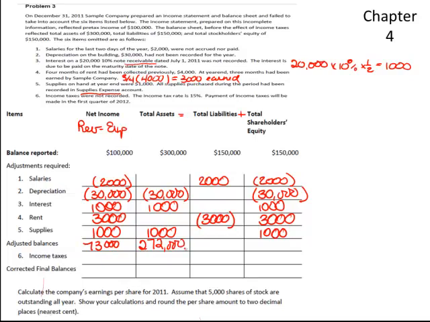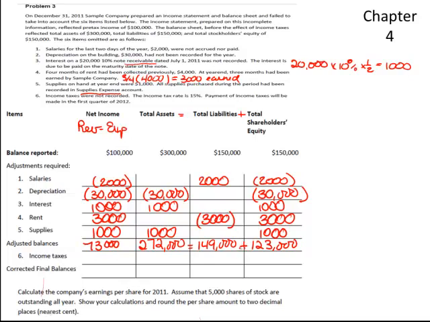Liabilities started at $150,000 and now have adjusted to $149,000, if I did all my math right. And shareholders' equity started at $150,000 and is now at $123,000. And notice that assets still equal liabilities plus shareholders' equity.